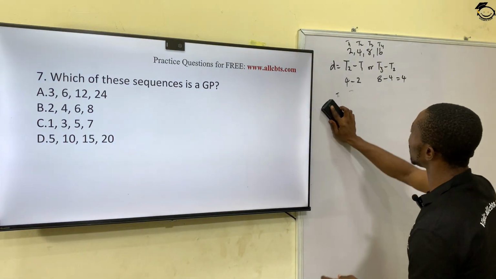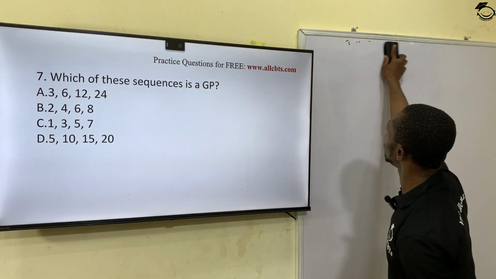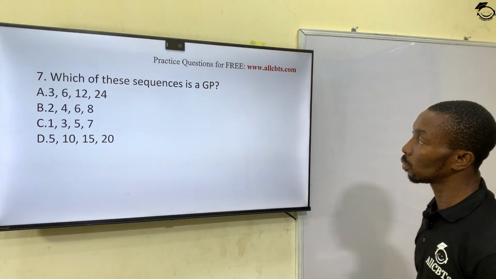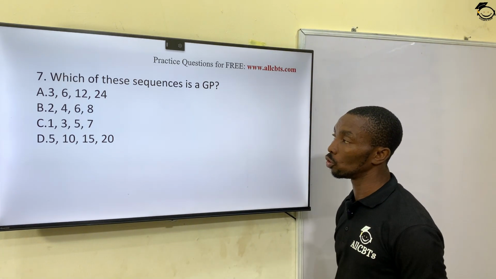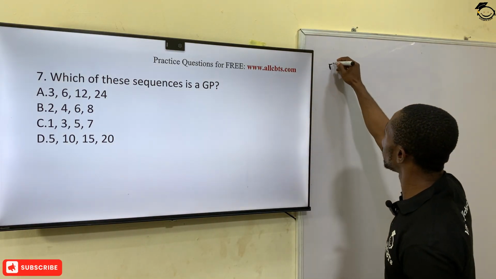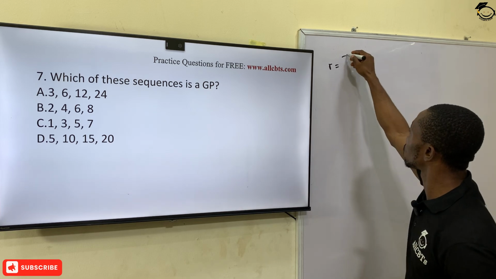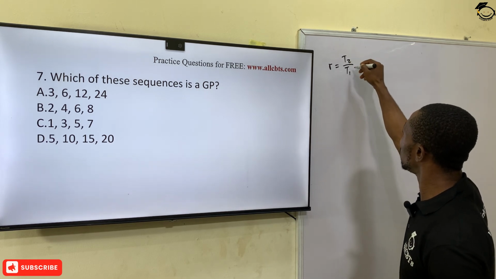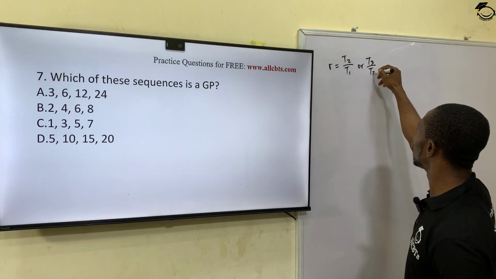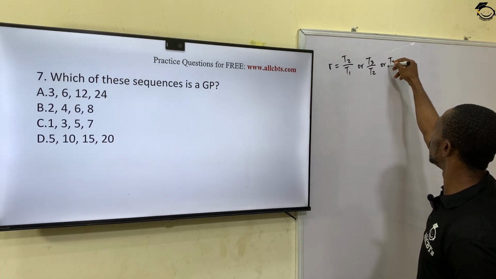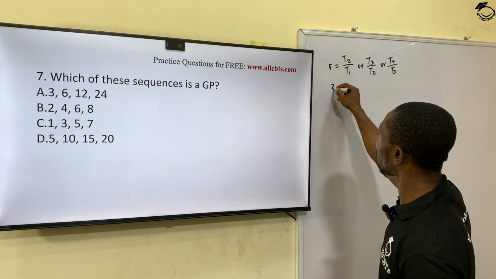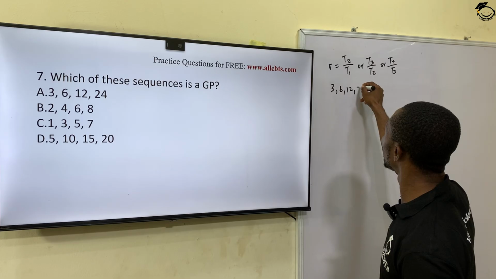Which of these is a GP, which is a geometric progression? The characteristic of a geometric progression is that their common ratio would be the same. To find that common ratio, we have R equals T2 over T1, or T3 over T2, or T4 over T3. Our first option there, we have 3, 6, 12, 24.